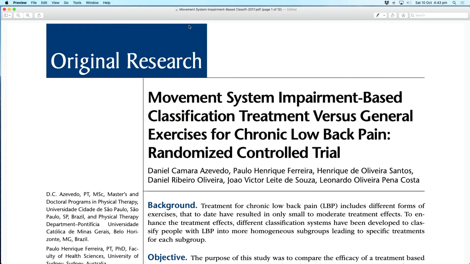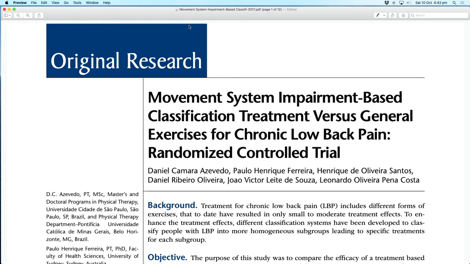So there's lots of observational evidence, but actually the even higher quality evidence comes from randomized controlled trials, and there have been a few. There's this one in particular, which was done in 2017 by Azevedo et al.